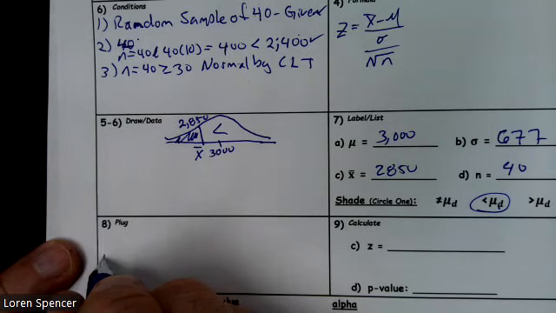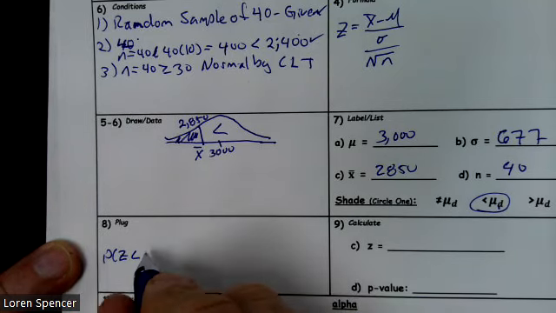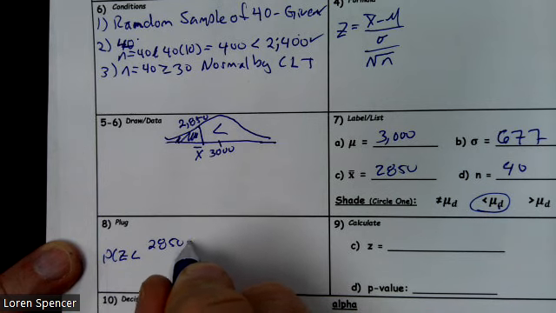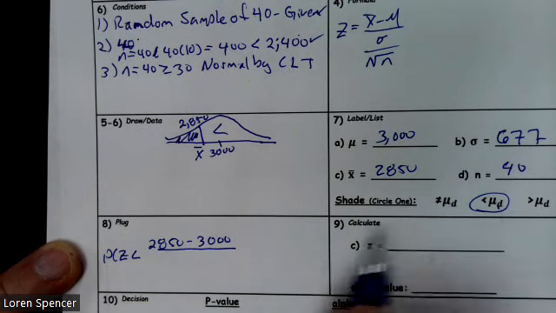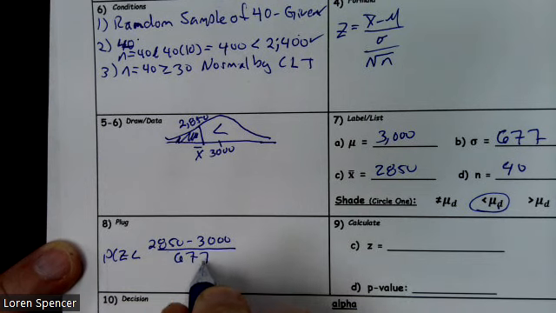So we want the probability that Z is less than (2850 minus 3000) over (677 divided by the square root of 40).